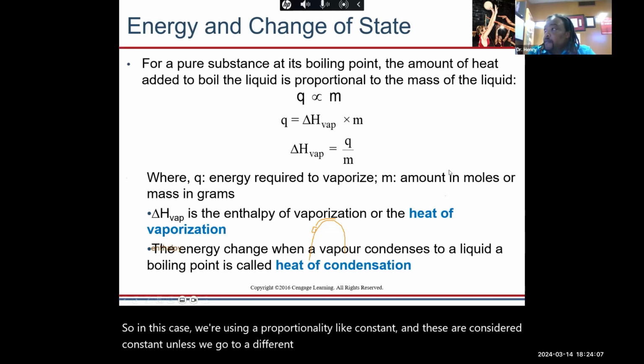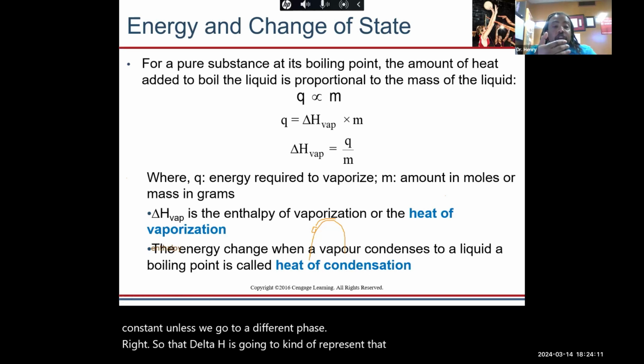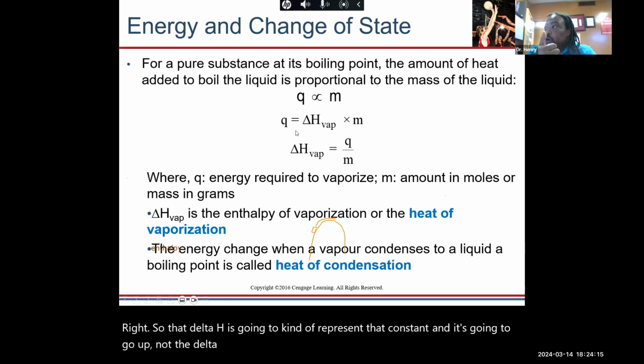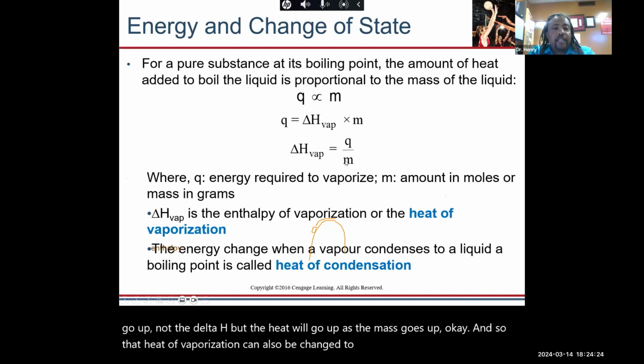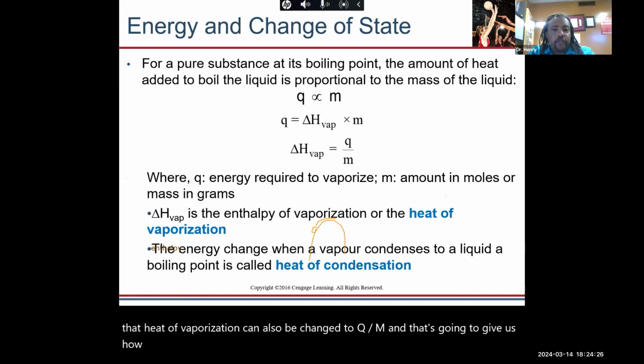So that delta H is going to represent that constant. And it's not the delta H that goes up, but the heat will go up as the mass goes up. And so that heat of vaporization can also be written as Q over M, and that's going to give us how much heat there is for that particular vapor.